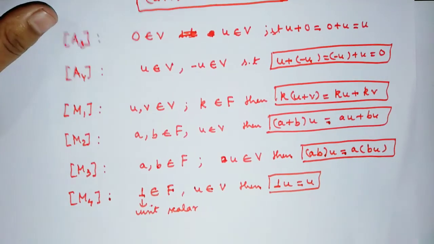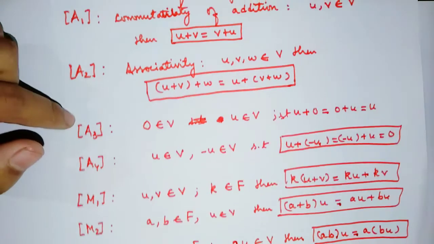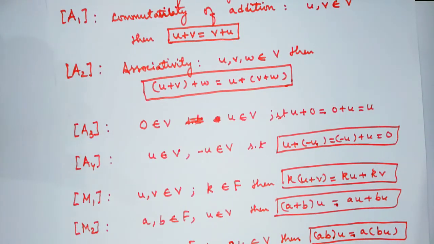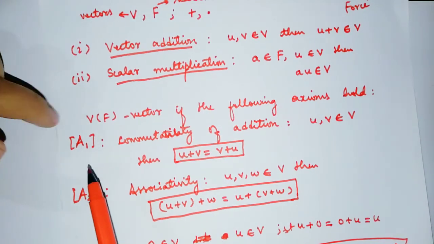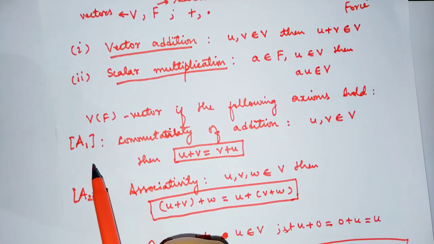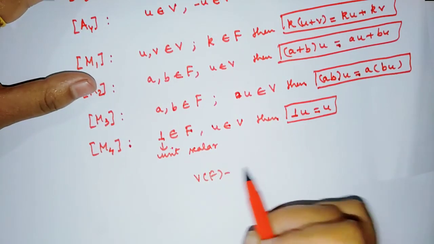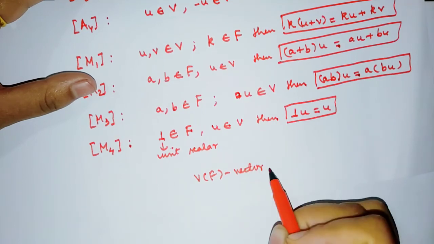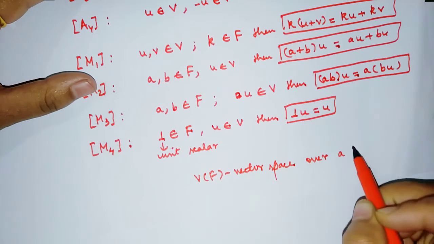This M is for the multiplication, and these are for the addition. So if all these axioms hold, then we say that V is a vector space over a field F.